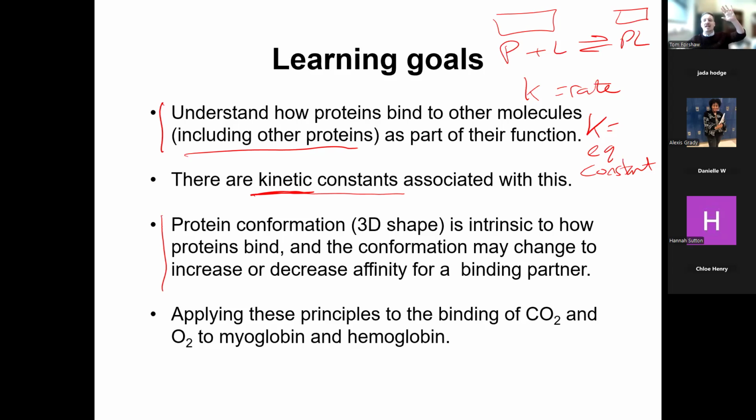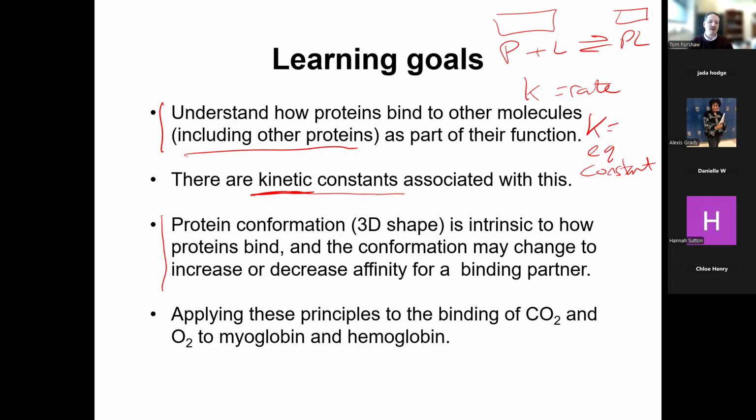So if you have a carboxylic acid, which is protonated or deprotonated, it's going to be in two different charge states, and that will influence whether or not it's going to bind and form a salt bridge, an electrostatic interaction with a neighboring basic amino acid, for instance, a positively charged amino acid. So the positive and negative charges of those amino acids can change depending on the pH around it. And so that's going to change how the protein folds and comes together.